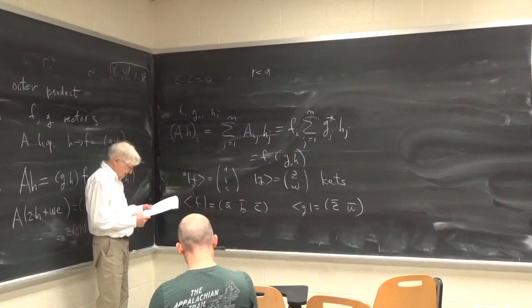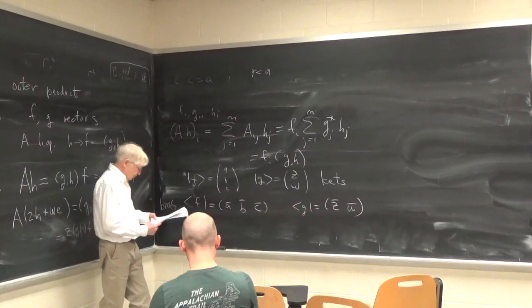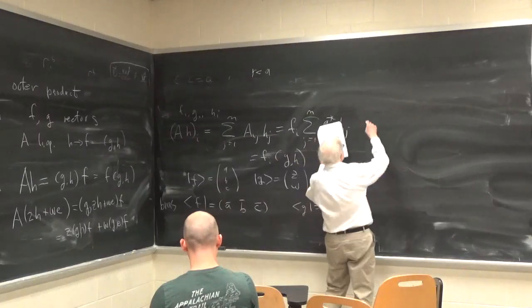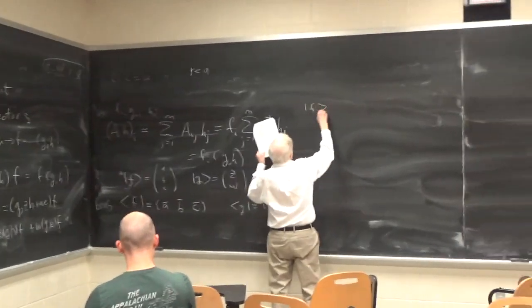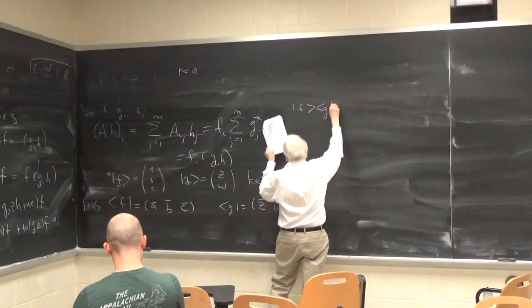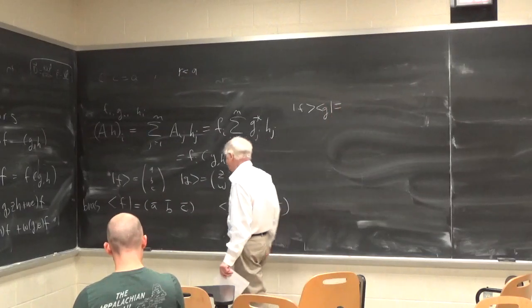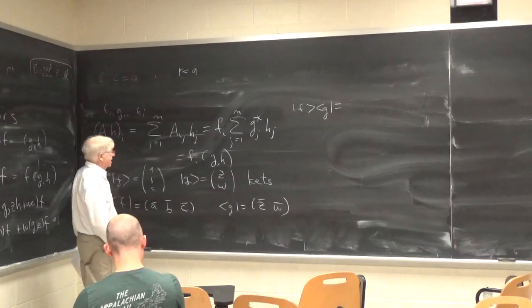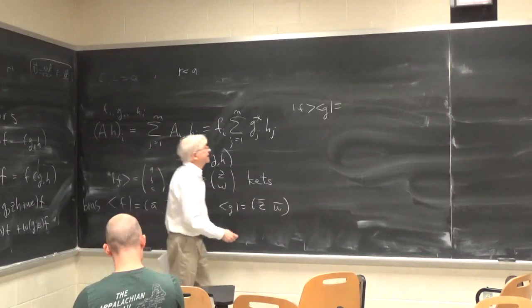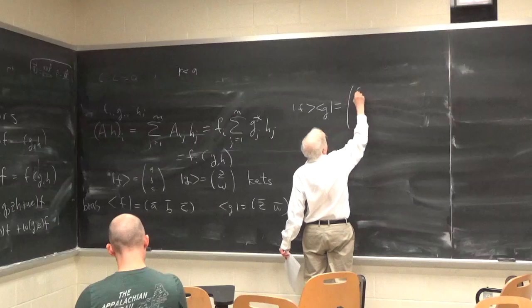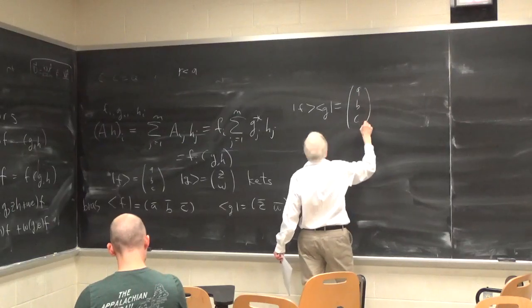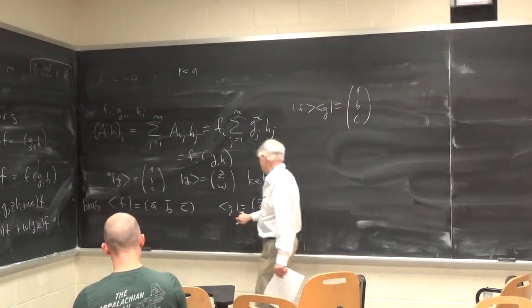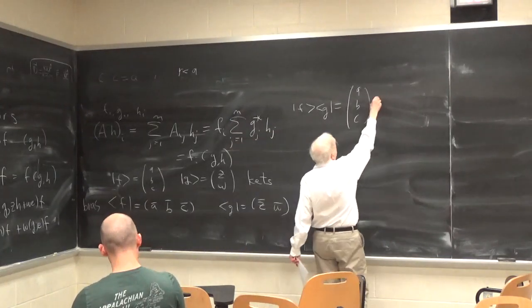And so now he introduced his way of writing these outer products. The ket F times the bra G is (A, B, C) times (Z star, W star).